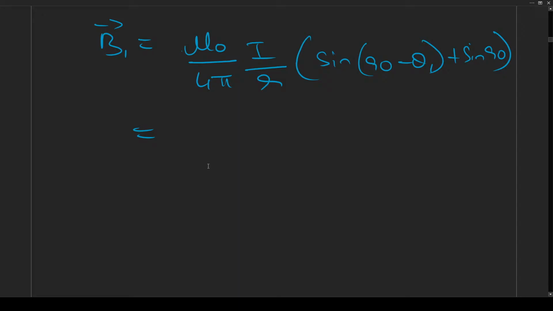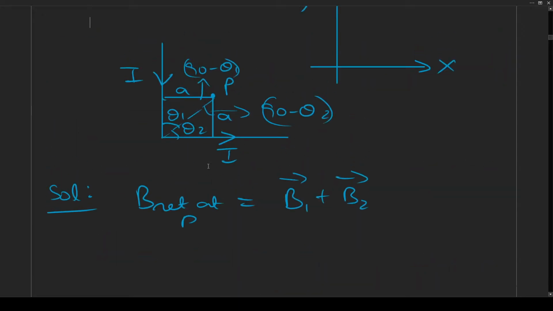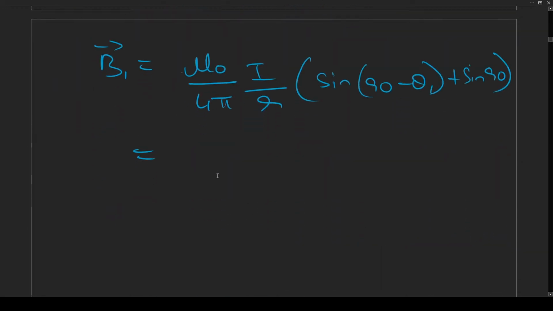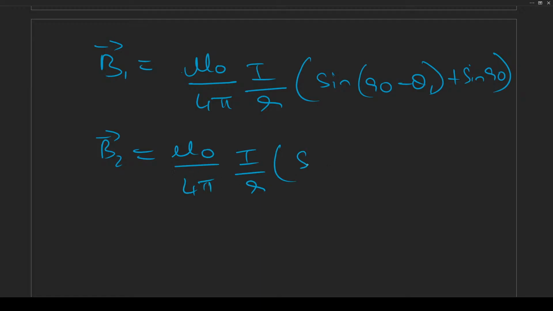Okay, let's find B2 as well first. Mu naught by 4 pi I by R sine 90 minus theta 2 plus sine 90 degree. This is B2.